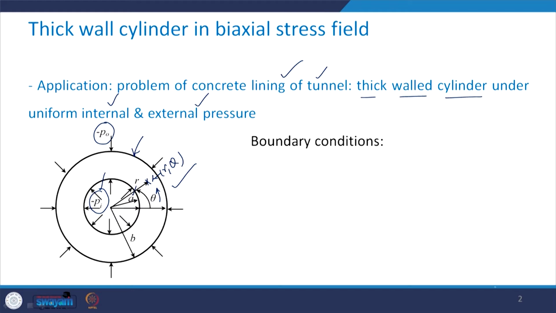So, for boundary conditions we have sigma r at r equal to a is minus Pi, and tau r theta at r equal to a will be equal to 0, and sigma r at r equal to b will be minus P naught, and tau r theta at r equal to b will be equal to 0.